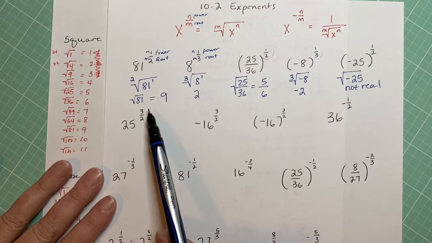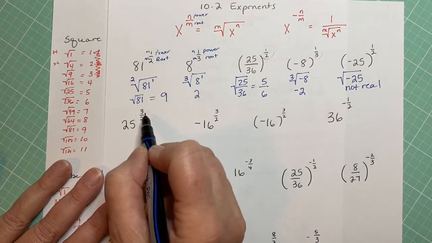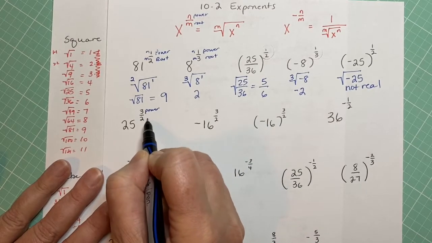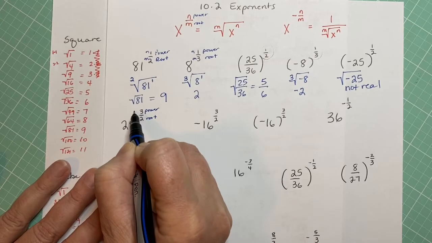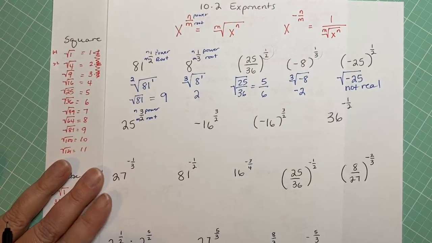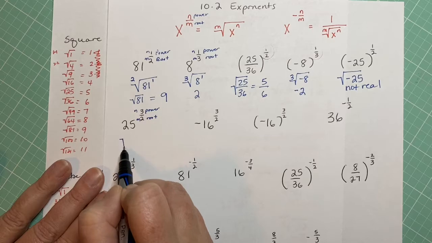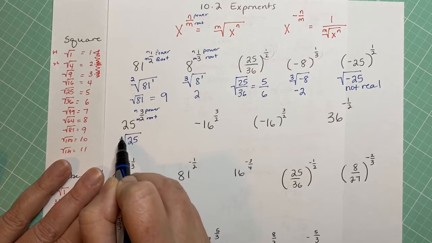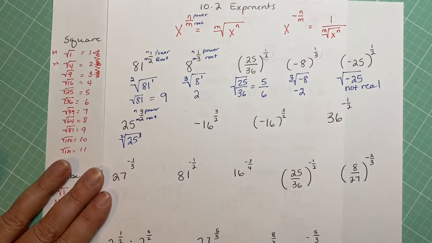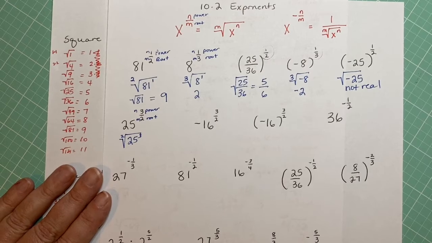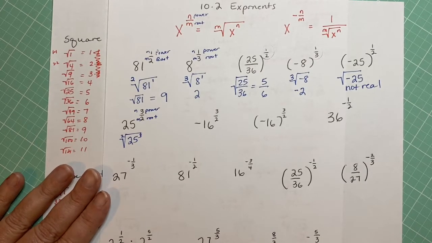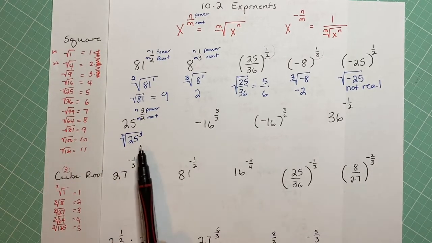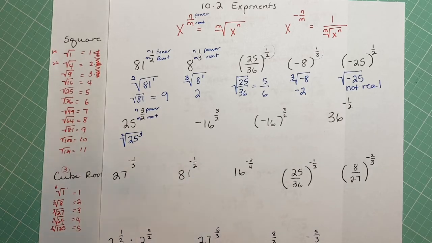So we've got 25 to the 3/2. So remember, the top number is your power, the bottom number is your root, or you can think n over m, whichever you'd rather. So this is the square root of 25, so the 2 goes here, to the 3rd power. So you can do this in any order. You could do 25 to the 3rd, but you're going to get a really big number, and then you're going to have to take the square root of it to go back.